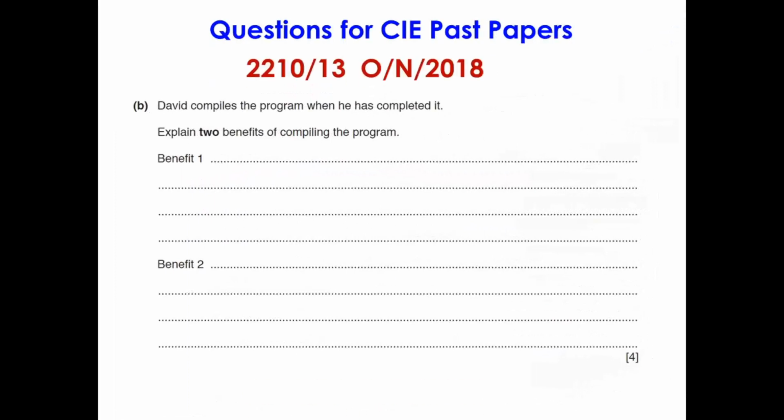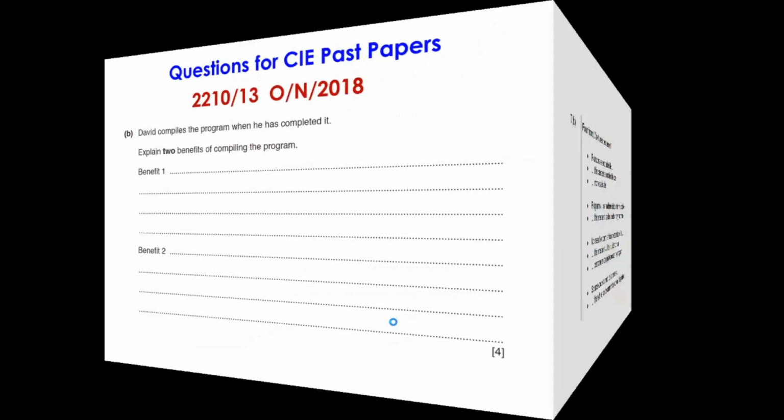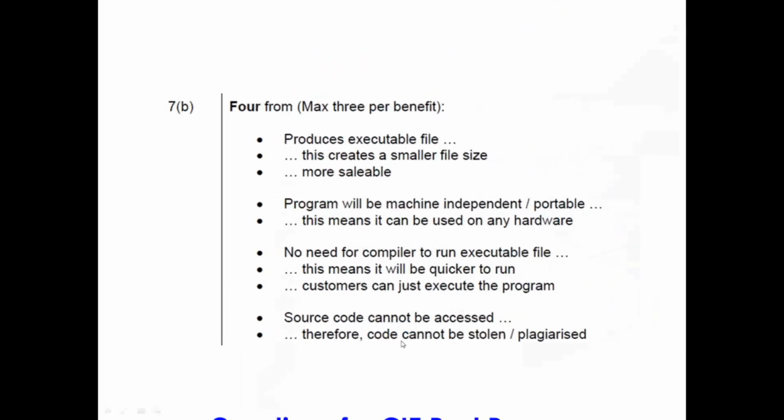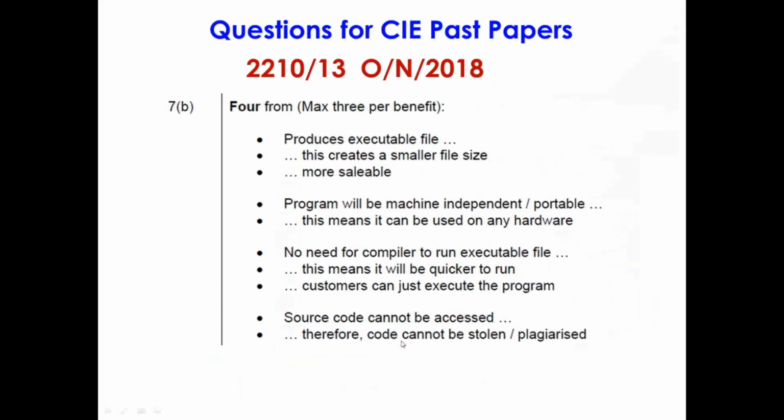David compiles the program when he has completed it. Explain 2 benefits of compiling the program. When you compile a program, what are the 2 advantages? You can write 4 from this. It produces an executable file.